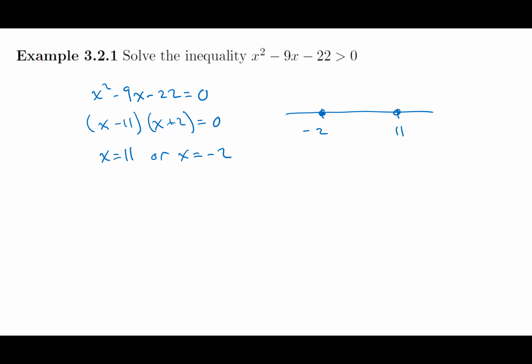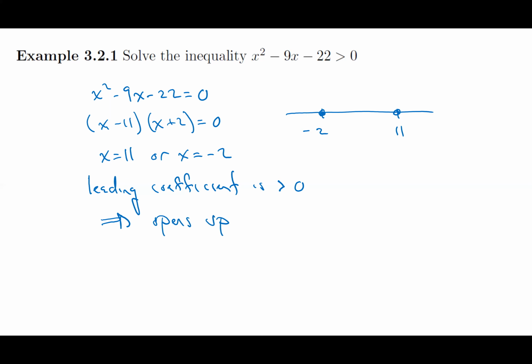Now, the next issue I can ask myself is this: does this parabola open up or down? Well, notice that my leading coefficient, the coefficient of x squared, is greater than 0. So this parabola opens up.